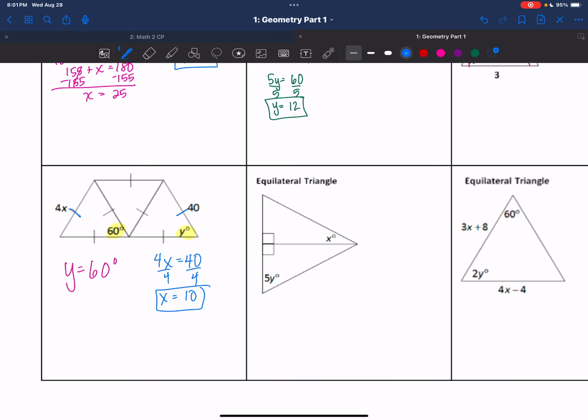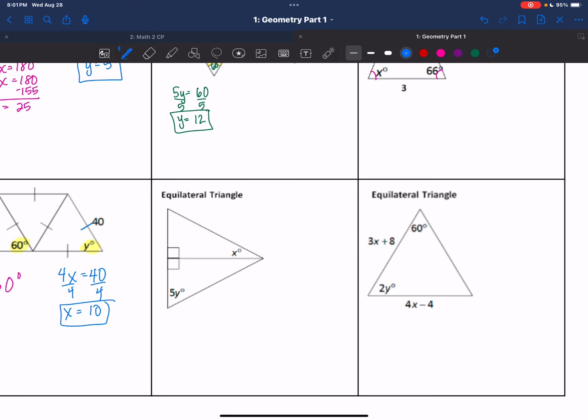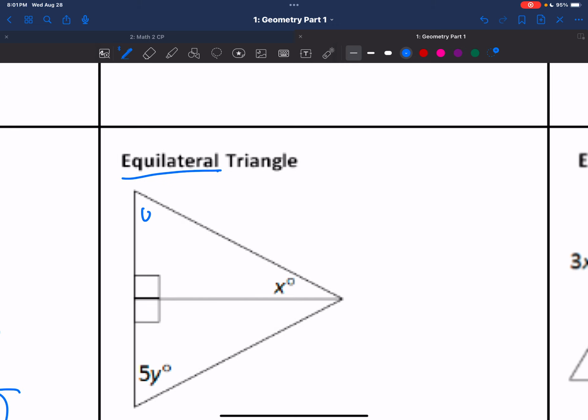So you're going to try these other ones. These are a little bit harder, but here's your hint. If this is an equilateral triangle, remember all your angles are going to be 60 degrees, and this whole thing will be 60 degrees. We know this is 90 degrees, this is 90 degrees, and this line intersects, so it has to bisect.